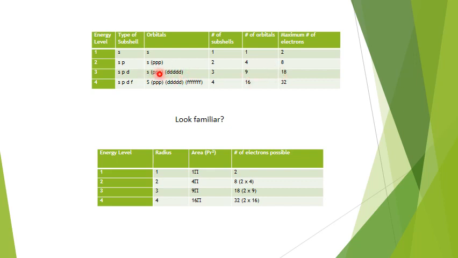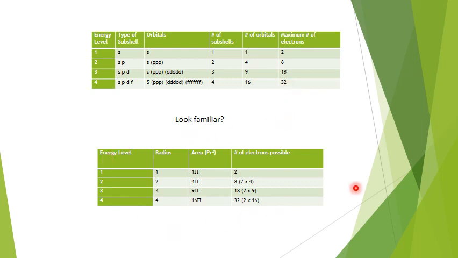And in each one of them you can put 2. Energy level 4 has s, p, d, and f. So it has 4 subshells: s, p, d's, and f's. In the s there's 1, p there's 3, d there's 5, f's there's 7. Add those all up, you have 16 orbitals, and with 2 in each you put 32.